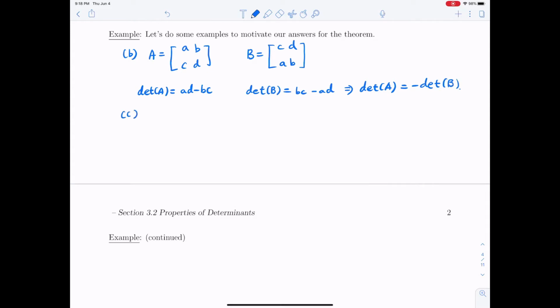And for part C, let's say C is [ka kb; c d]. So here I just scale the first row by a factor of k. If you calculate the determinant of this matrix, this gives you kad minus kbc, which gives you k times (ad minus bc). So this scaling procedure really scales the determinant of the matrix.